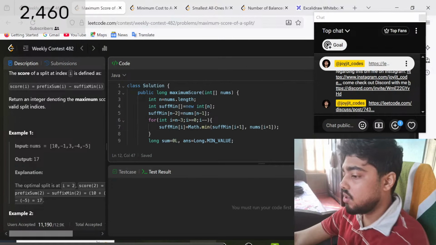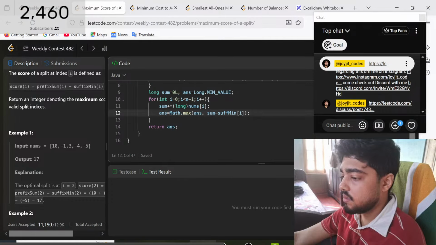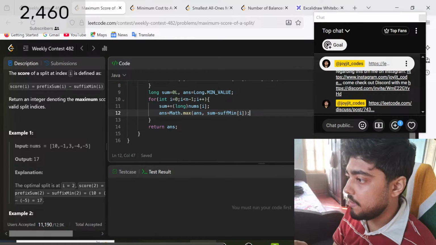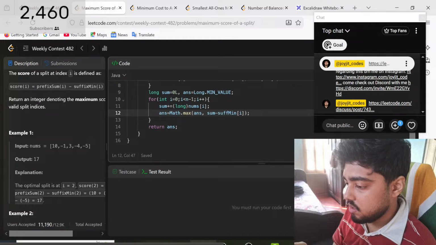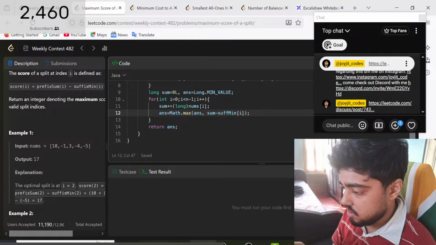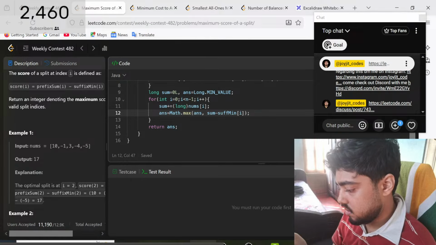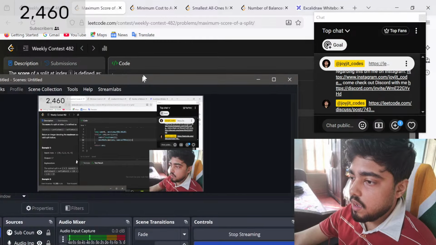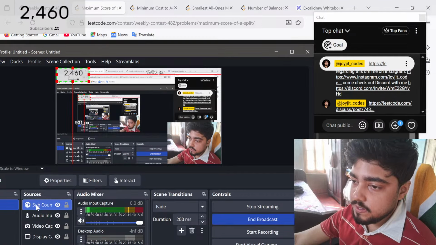So any doubts on this, guys? I'm not sure if I'm lagging or not. Actually, I'm lagging, I guess. Let me do one thing.